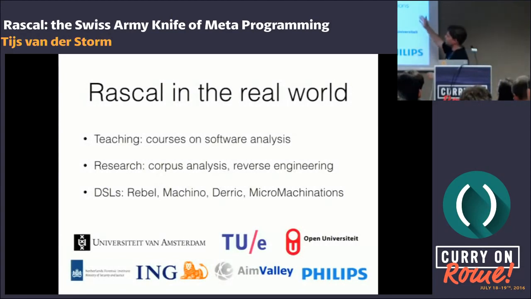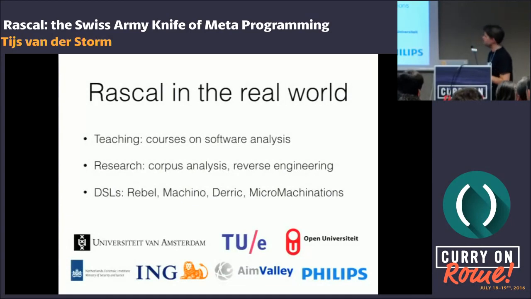But we also use it to build DSLs. We have students working on Rebel, which is an attempt to redo the ING bank, and that's getting traction there. We have a project starting with Philips. Micro Machinations is a graphical DSL for doing game economies.